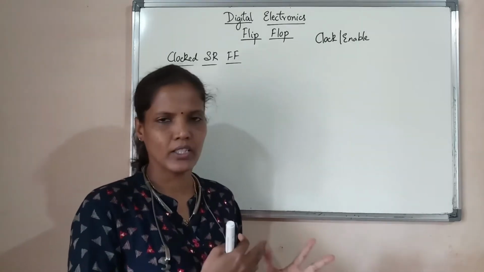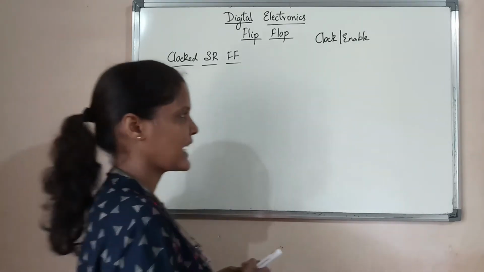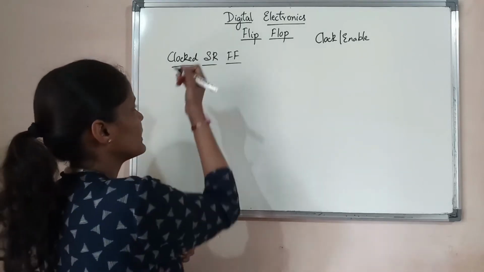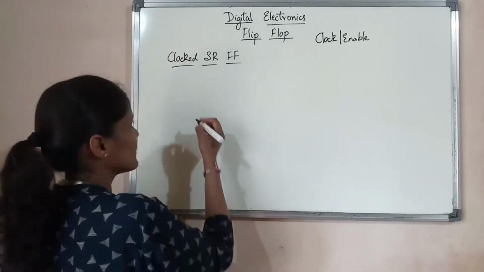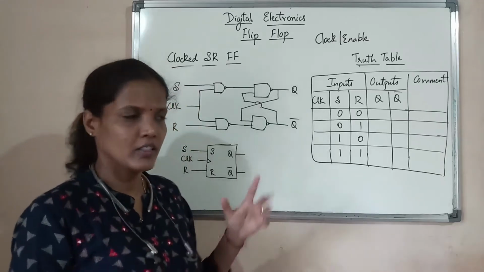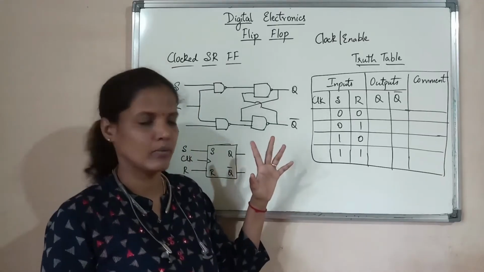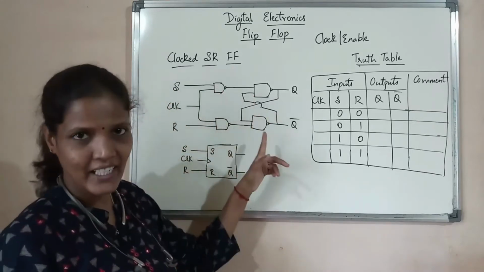Now let me draw the circuit diagram using NAND gates, which is used to find the output condition of this clocked SR flip-flop. So this is the circuit of a clocked SR flip-flop where I'll be using 4 NAND gates.